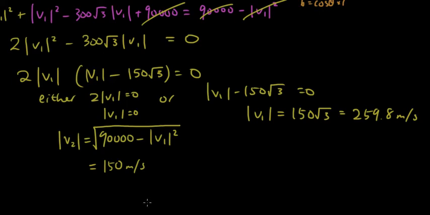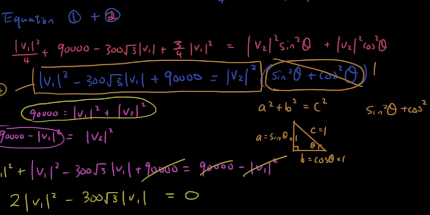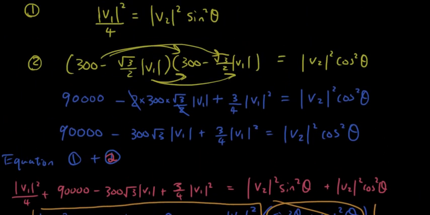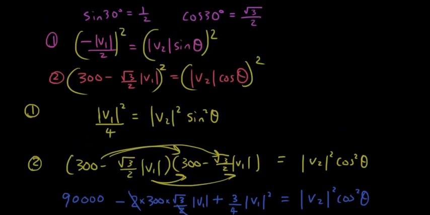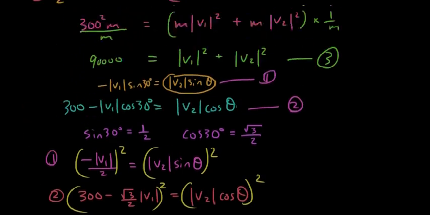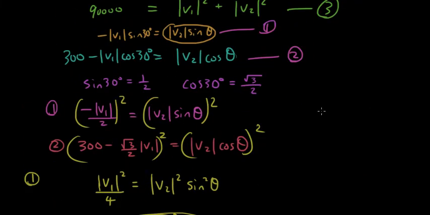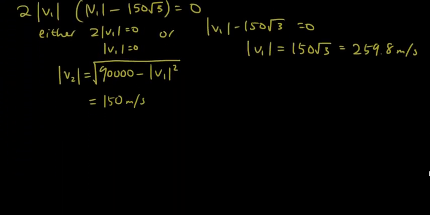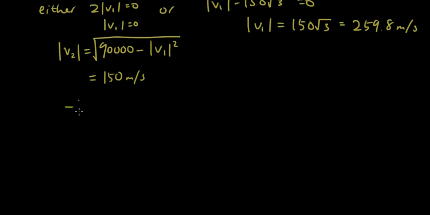Okay, so that's all very useful, and now the last thing I want is theta, so let's try and solve that. Where are my equations? So remember this equation, negative v1 sine theta equals v2 sine theta. Let's copy that one down. Negative v1 sine 30 equals v2 sine theta.